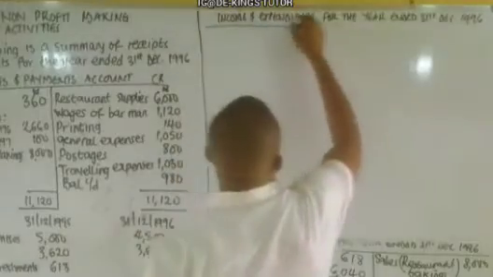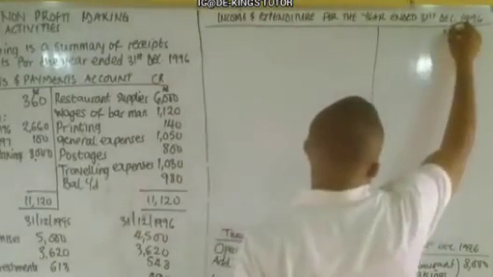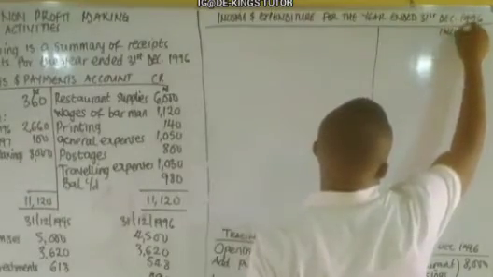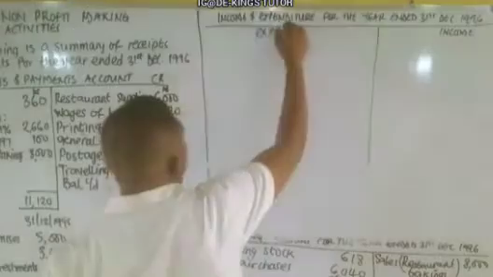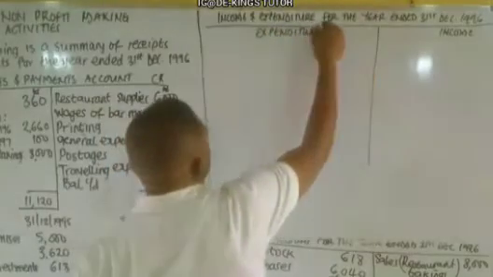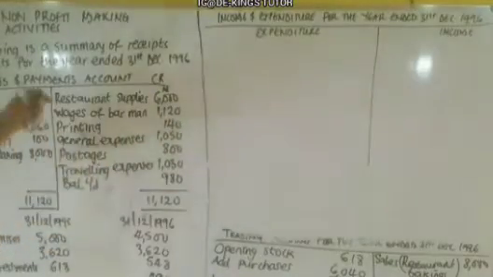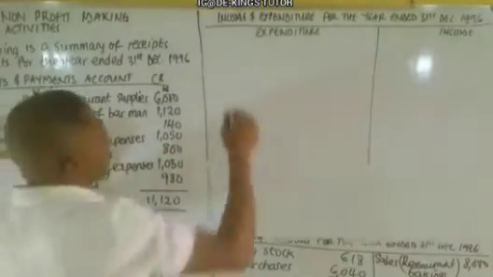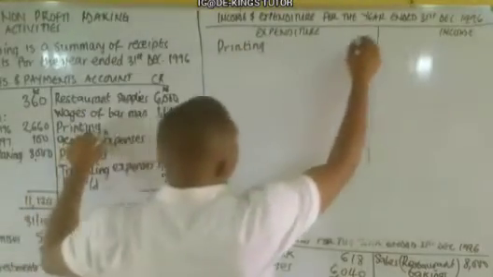Okay, so all our income is at this side and all our expenditure is at this side. So all expenditure, now let's start from printing. Was there any adjustment? No. So write printing 140.